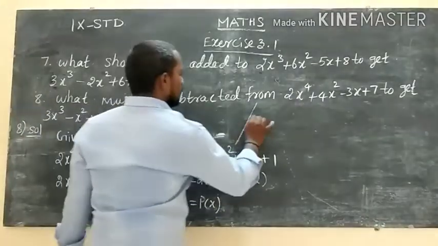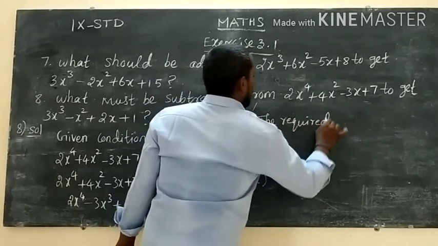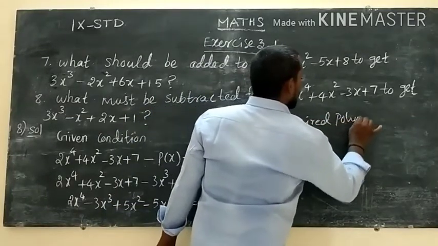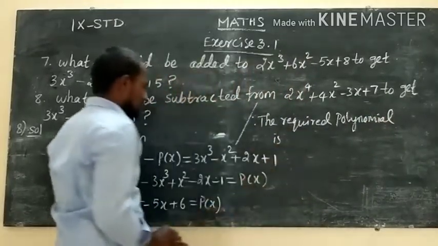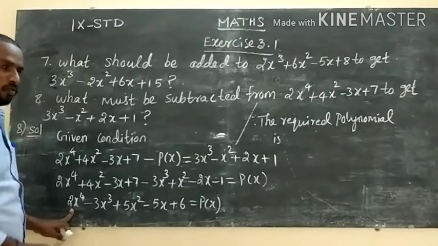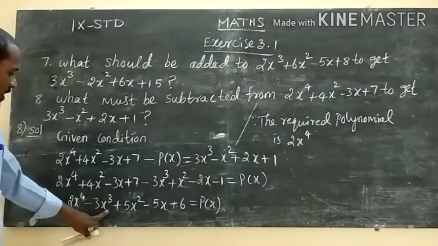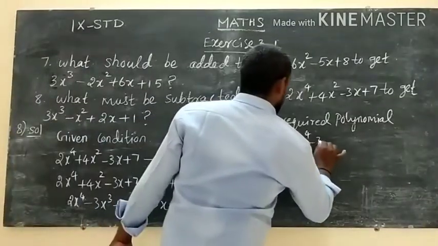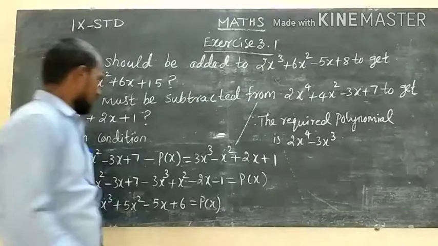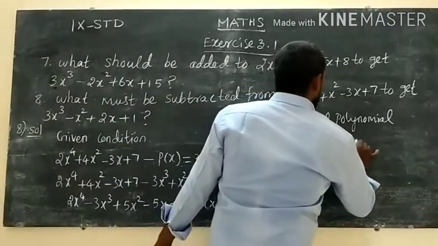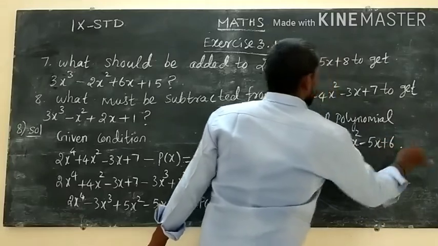Therefore, the required polynomial is 2x power 4 minus 3x cube plus 5x square minus 5x, then plus 6, which is the constant.